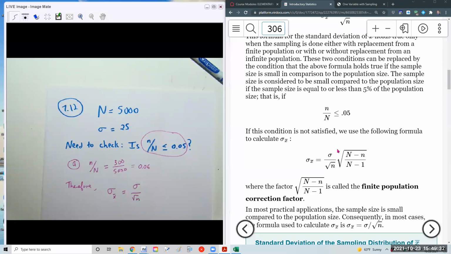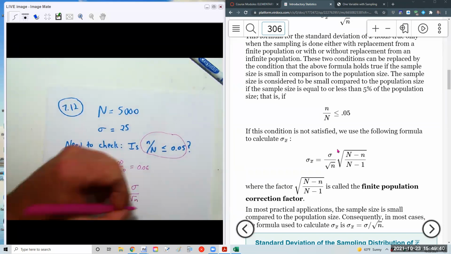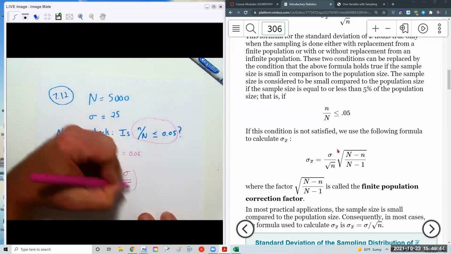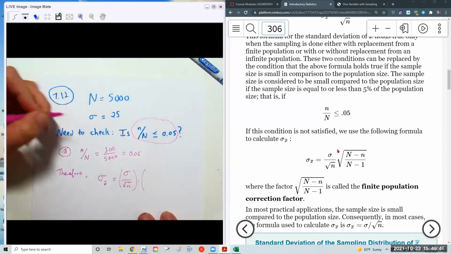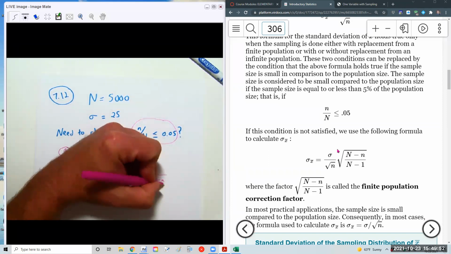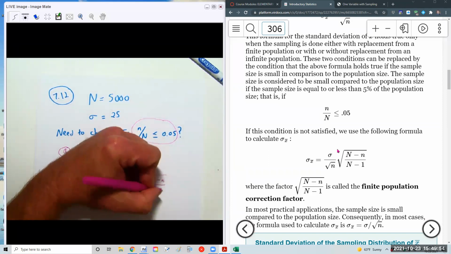You just make sure, when you're making a formula sheet for your test or your quiz, that you've got these formulas written down and note what they mean, okay? So here we're going to use this number times that finite population correction factor, which is the square root of big N minus little n over big N minus 1.